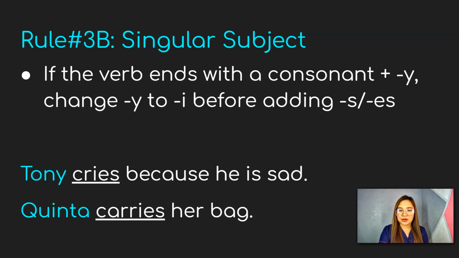Quinta carries her bag. For our second sentence, our subject is Quinta, and Quinta is only one as well. For these two sentences, I added es or ies because the base forms of these two words end with y. Cry to cries and carry to carries.